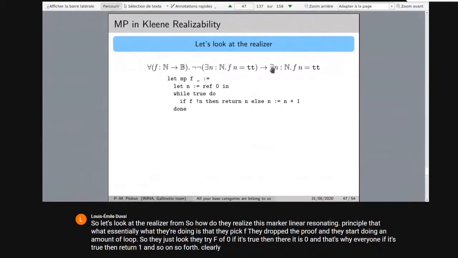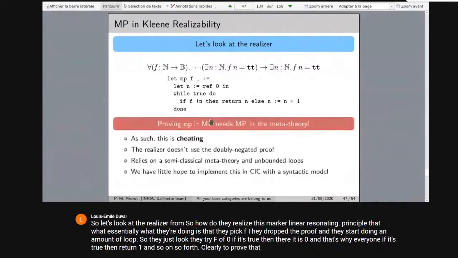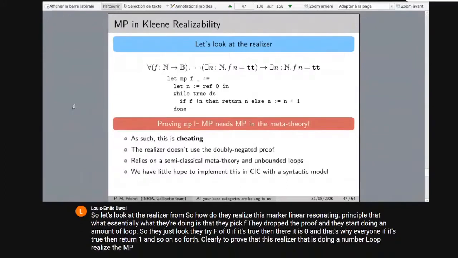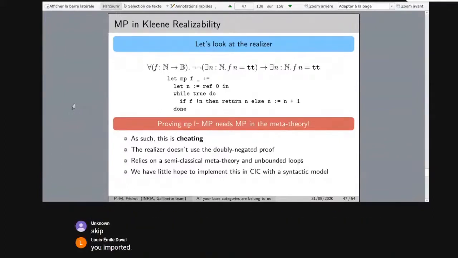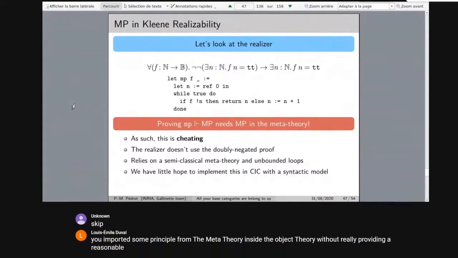Clearly, to prove that this realizer that is doing an unbounded loop realizes MP, you need Markov's Principle in the metatheory. So this is somehow cheating, because you imported some principle from the metatheory inside the object theory without really providing a reasonable way to grasp it. In particular, the realizer is stupid.